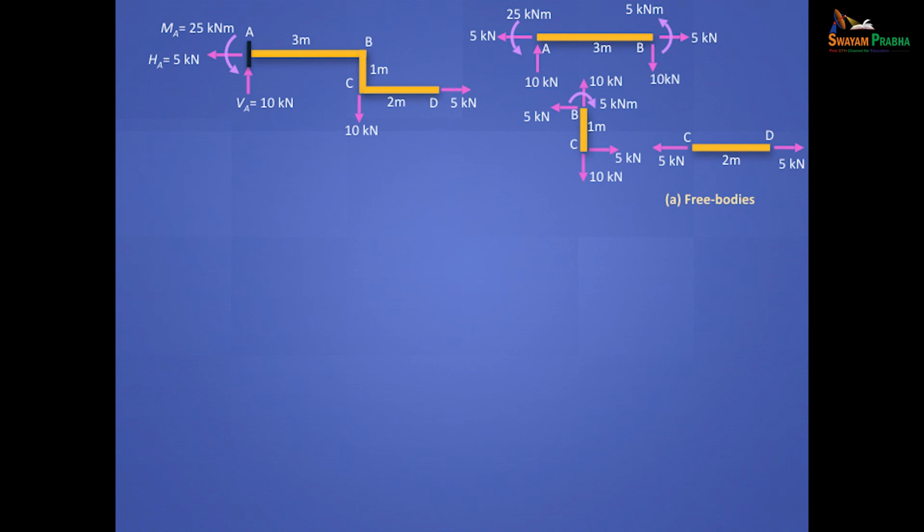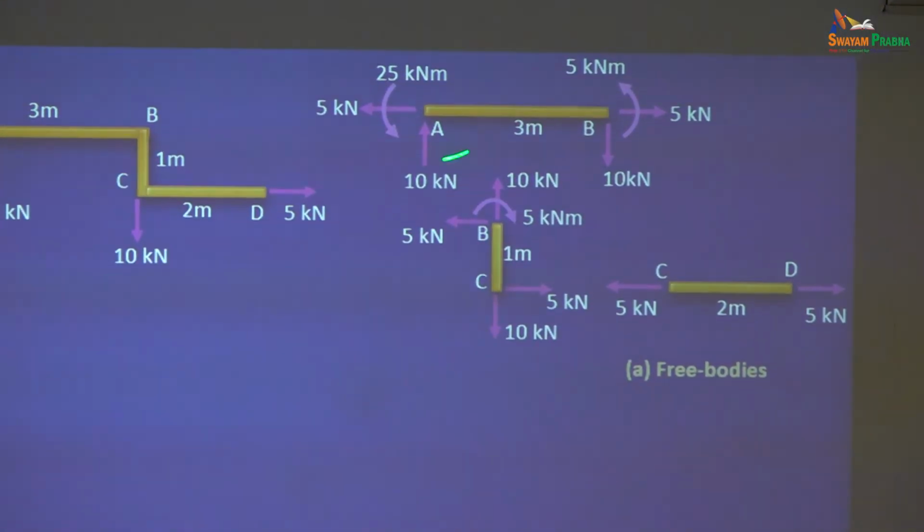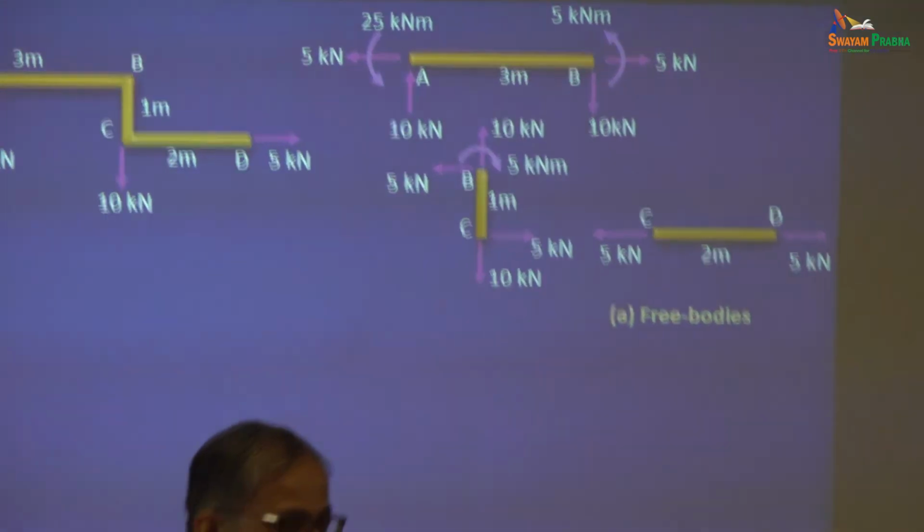Now 10 has to be balanced by 10, 5 has to be balanced by 5, and see the moments. 10 into 3, 30 kilonewton meter, minus 5 is 25, and then compare this with this and you say, look, I got everything correct. That's how you check your results.